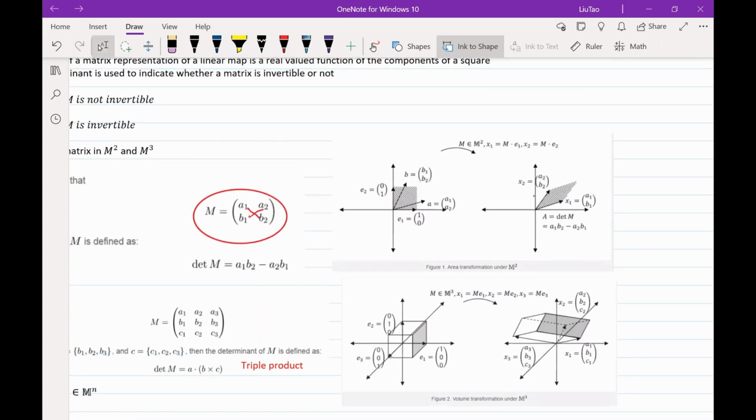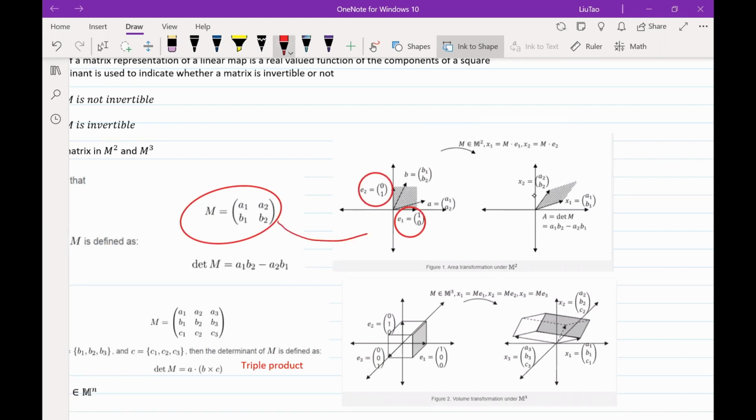For example, if we have this M matrix, and we are trying to transform vectors in R2 space to R2 space, and we are trying to transform E1 and E2.